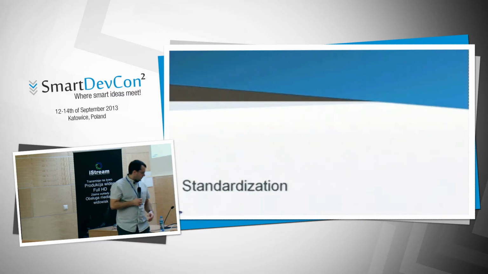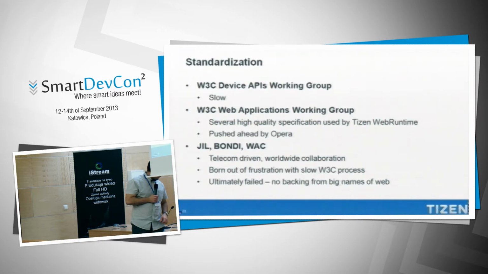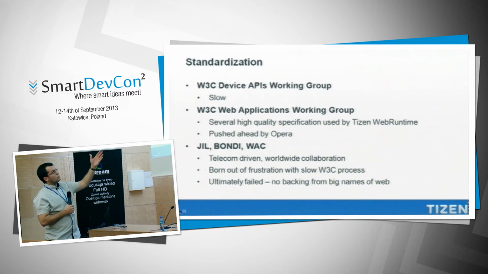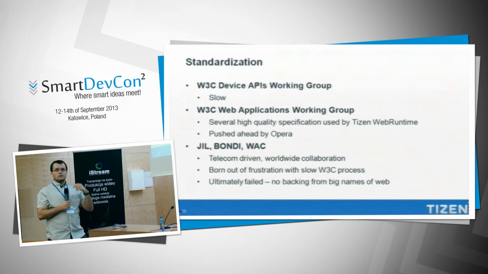Okay, now standardization. In the past, the standardization of Web Runtime technologies was based mainly on those groups. Let's start with the top. The Device APIs working group was the working group that was supposed to deliver new and exciting APIs for the web platform, not for web runtimes, but for web browsers.